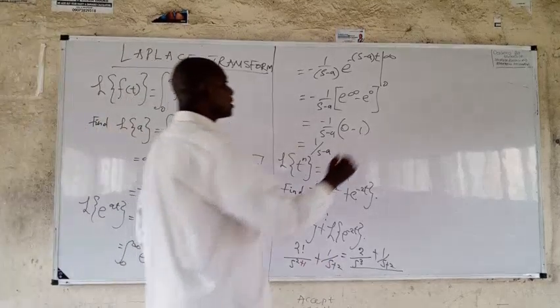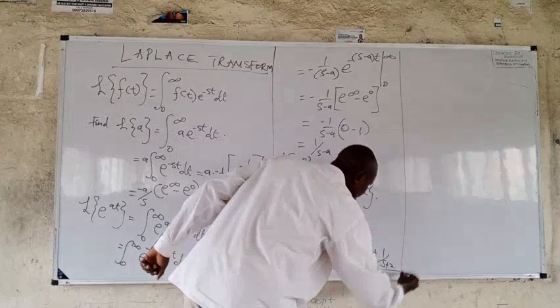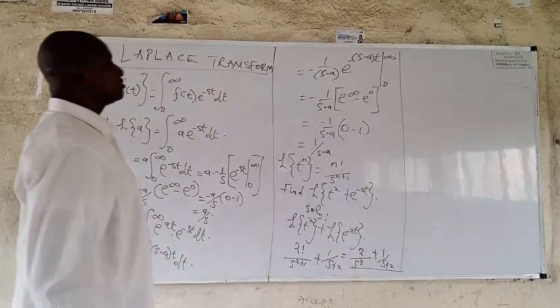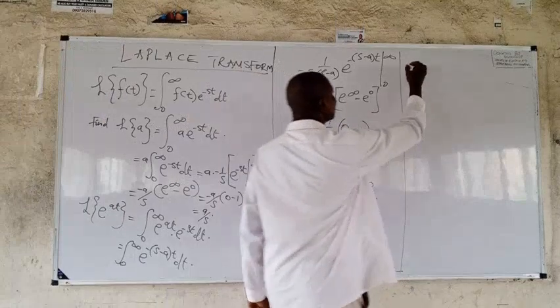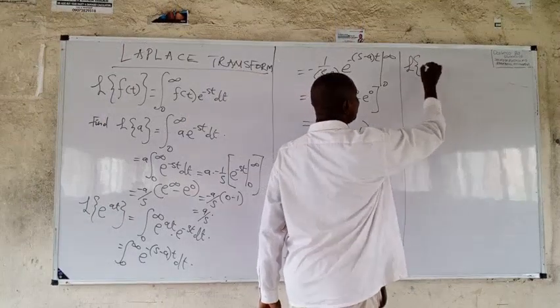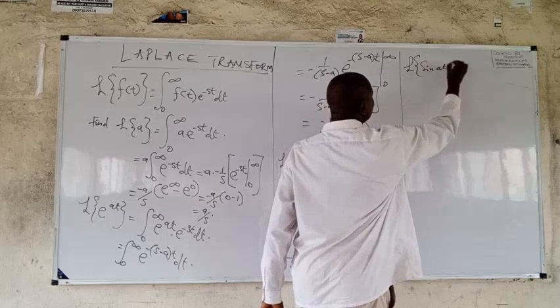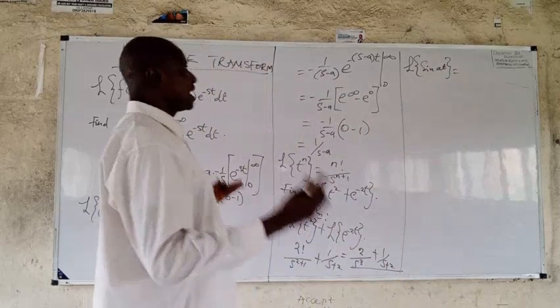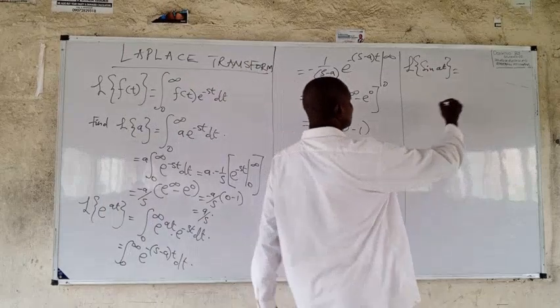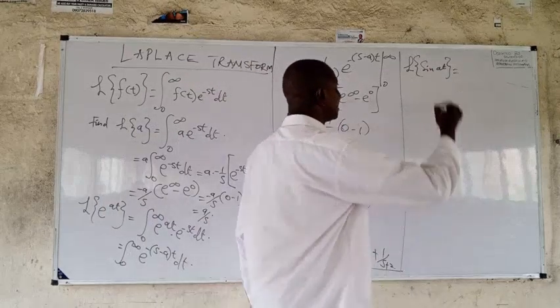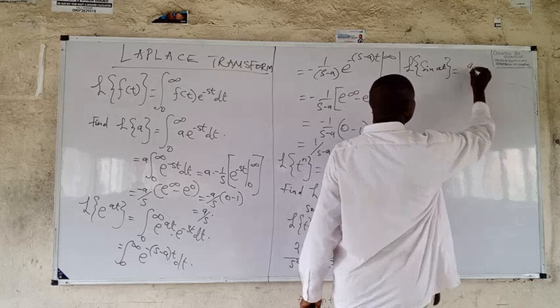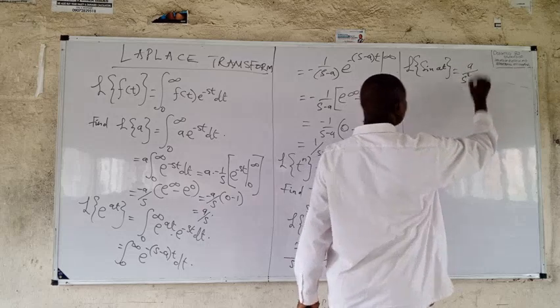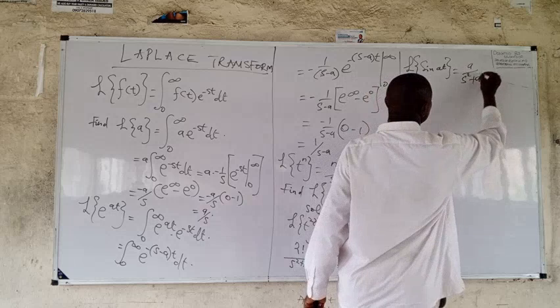Trigonometrical functions are not left out in Laplace transformation. In trigonometrical functions, the Laplace transform of sine AT, from the formula method, which we can derive over time, but as a quick guide, Laplace of sine AT is A over s squared plus a squared.